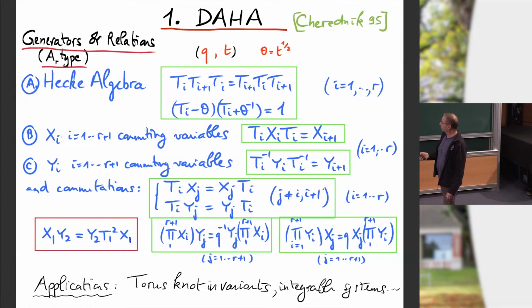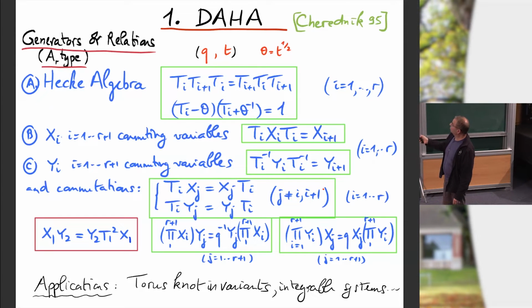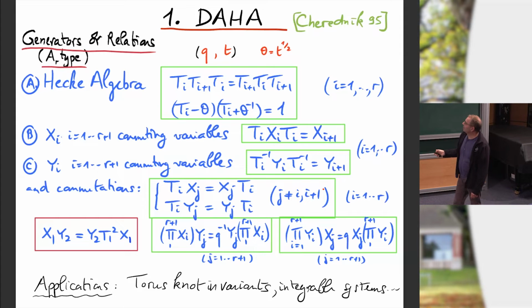That's another way. And then there are two parameters, q and t. So t is hidden here by a square root, right? So these two eigenvalues are given in terms of t. And q is a sort of global property: if you take the product of all the operators xi, going up to the rank plus 1, and try to commute yj through them, you will recuperate a factor of q inverse or of q.